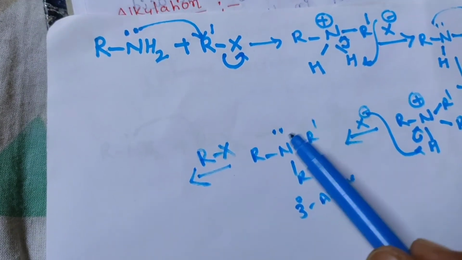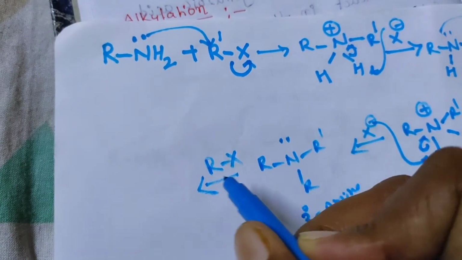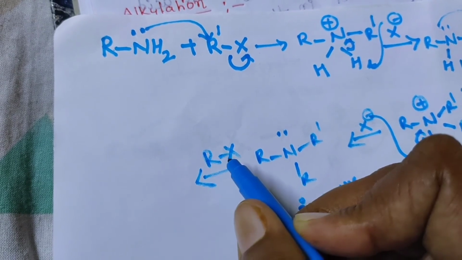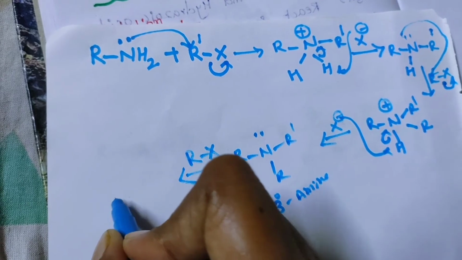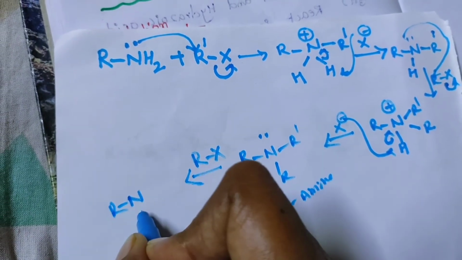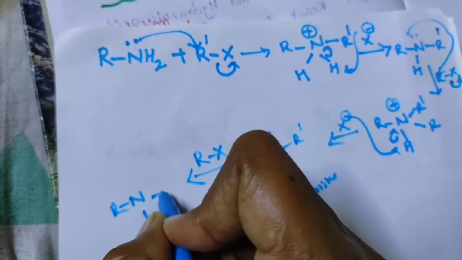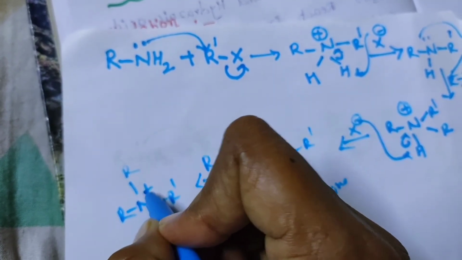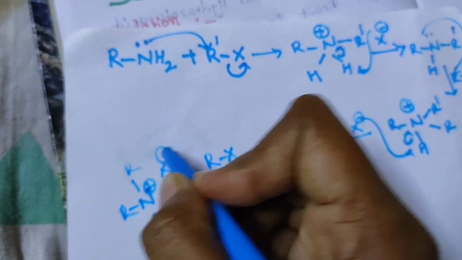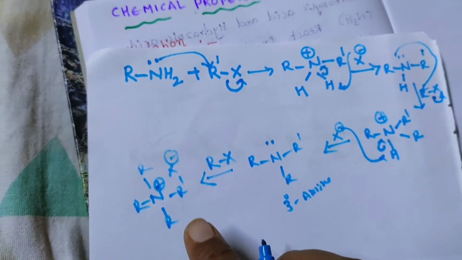Same process: the lone pair of electrons attacks on this R group, and the leaving group leaves, and we get N, R, then R, R1 and R plus, and X minus. This is the quaternary ammonium halide.